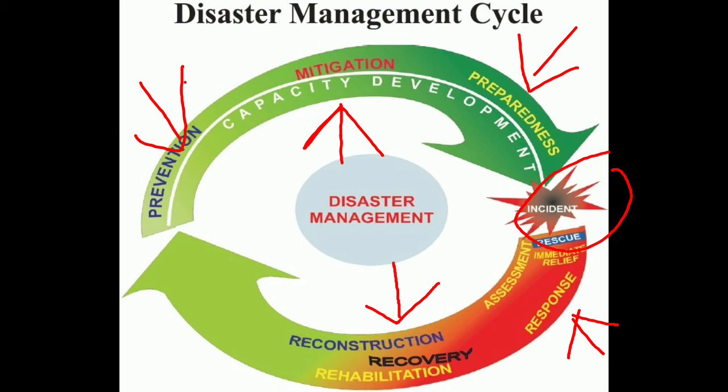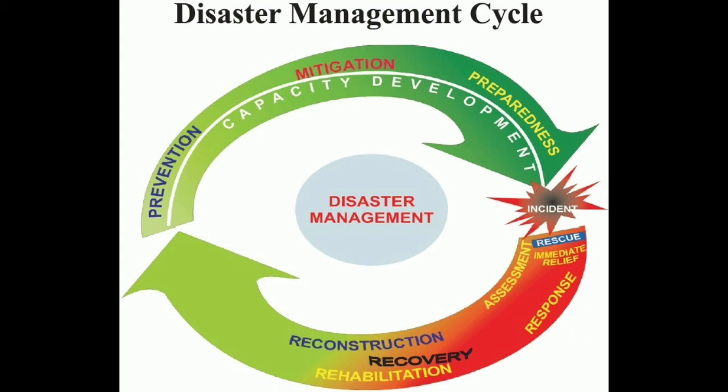They will be helping each and everyone who has faced a problem or who is a victim of this disaster, and then there will be immediate relief and rescue operations going on, and there will be an assessment also, of how much value has been destroyed because of that disaster. Then they will opt for reconstruction and rehabilitation based upon the property damage assessment.